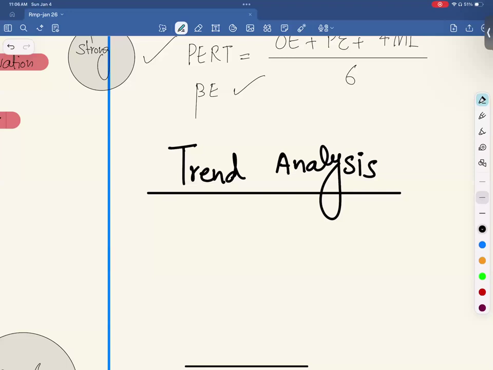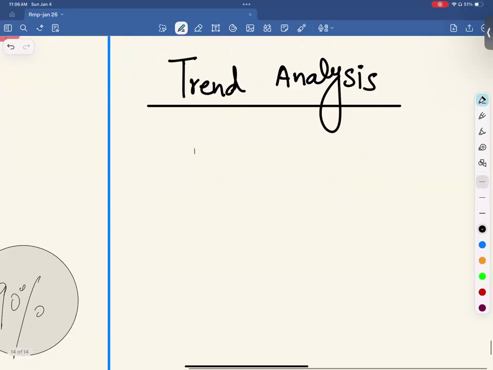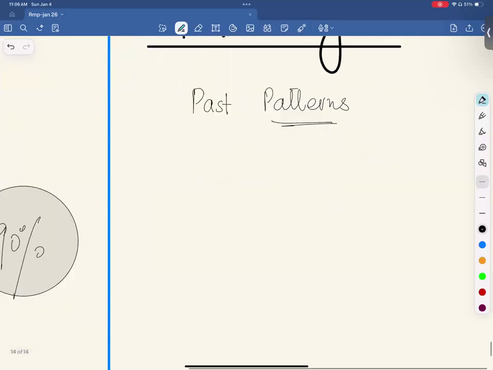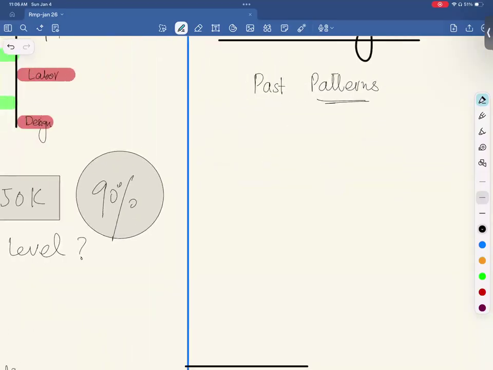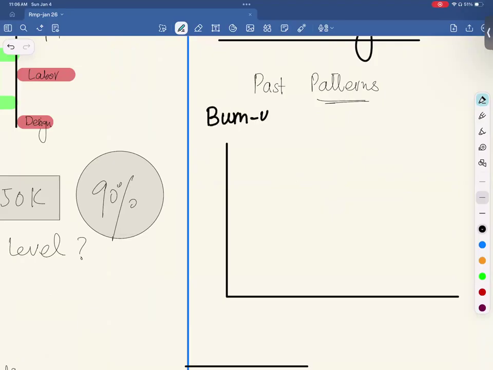Okay, trend analysis. In trend analysis, we see past patterns. When the question is about you wanting to see patterns, you use trend analysis. Now, let me give you an example. Let's say this is your burn up chart. In a burn up chart, we show completed work, percentage of completed work.